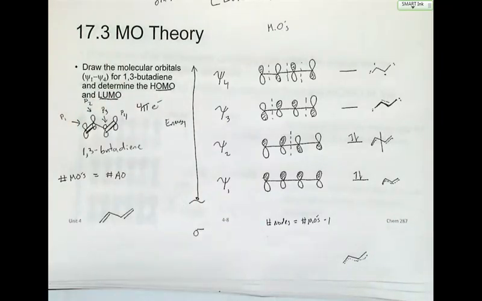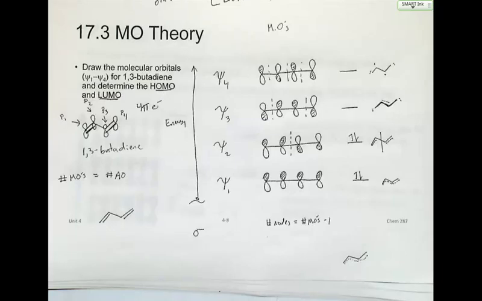Sometime in the late 70s, a Japanese gentleman named Fukui, who was awarded the Nobel Prize for rationalizing chemical reactions in terms of frontier molecular orbitals.